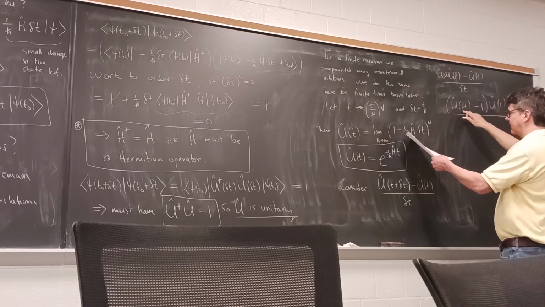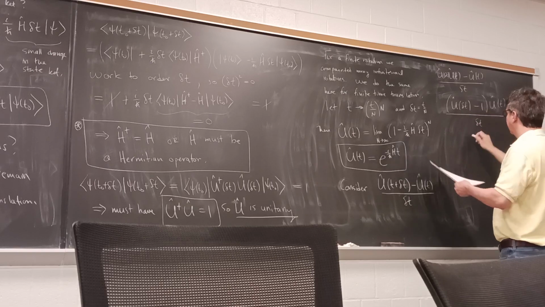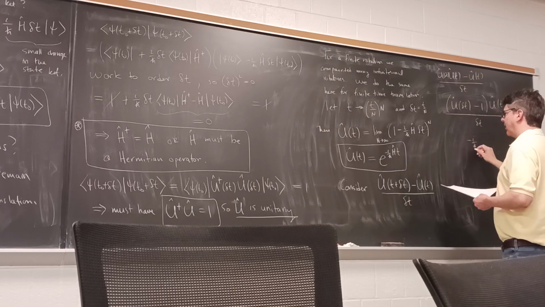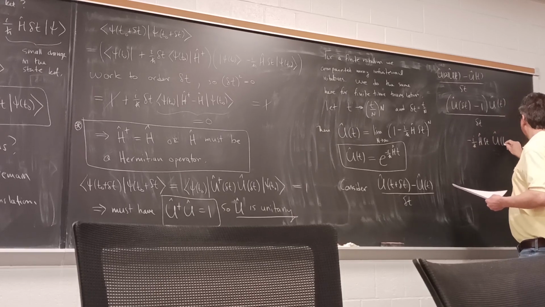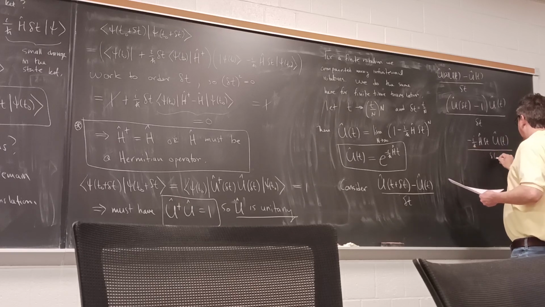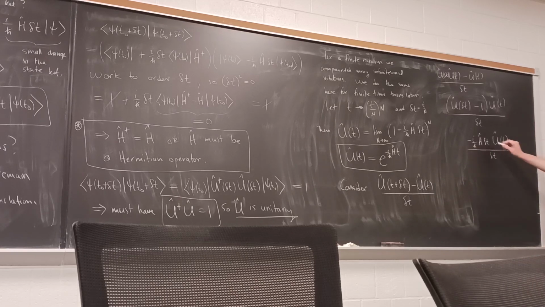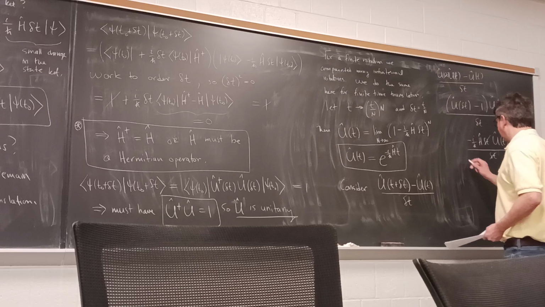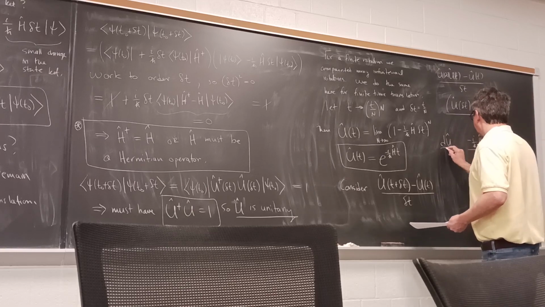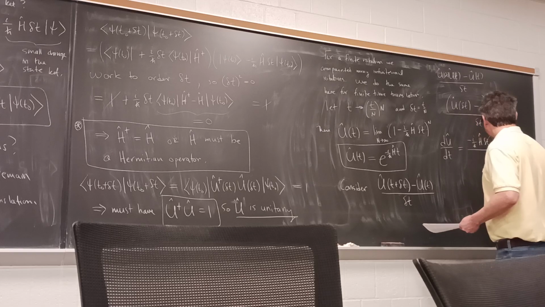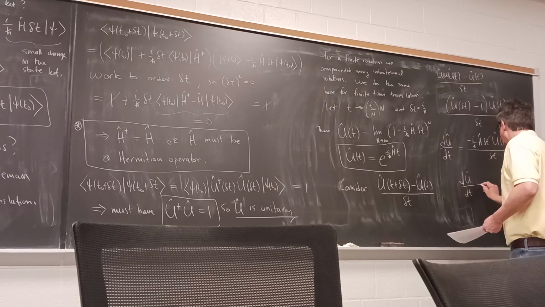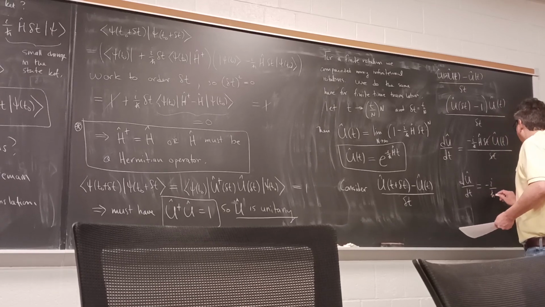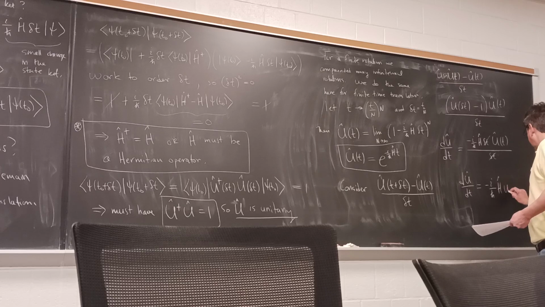Then if I take the stuff in the parentheses and subtract the 1 off, I'll have minus i over h bar H hat dt acting on U hat of t. And I divide out dt, which I can cancel. So dU hat of t over dt is minus i over h bar H hat U hat of t.